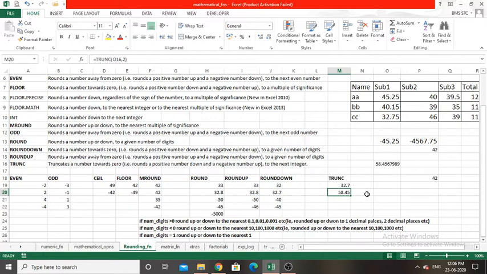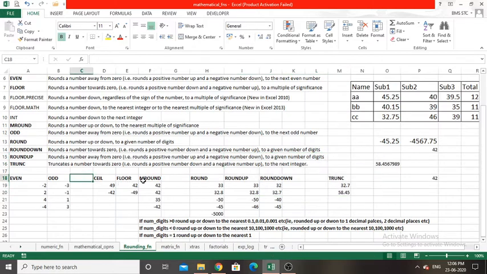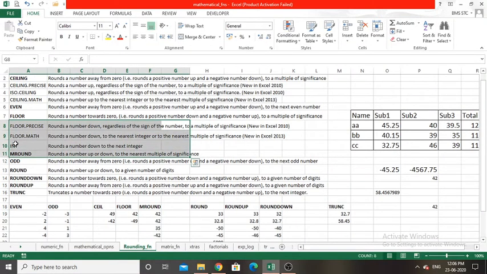So this comes to the end of rounding functions. I hope you all got a clear idea on even function, odd function, ceil, floor, mround, round, round up, round down and trunc. Here also you will see so many other functions like floor.precise, floor.math, int, ceiling.precise, iso.ceiling, ceiling.math.